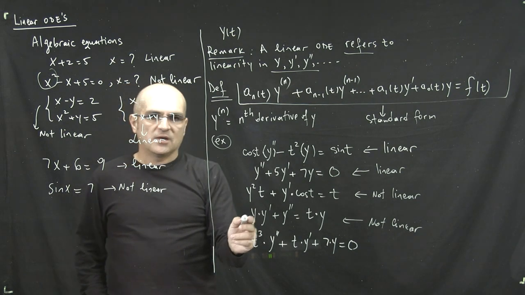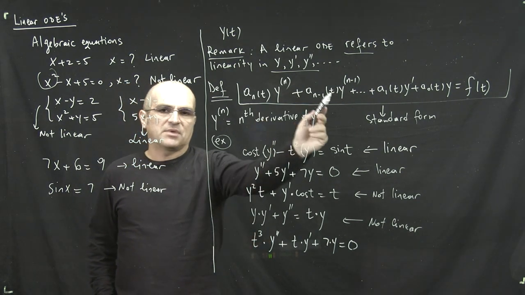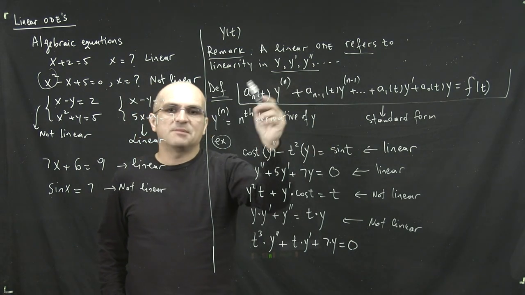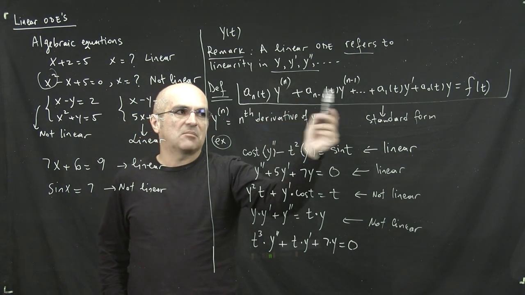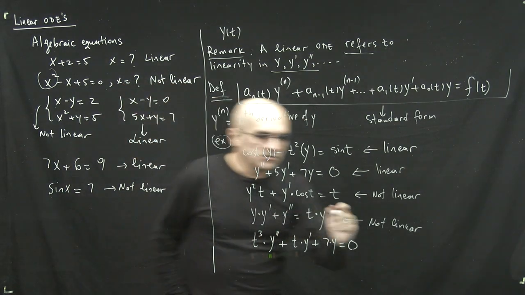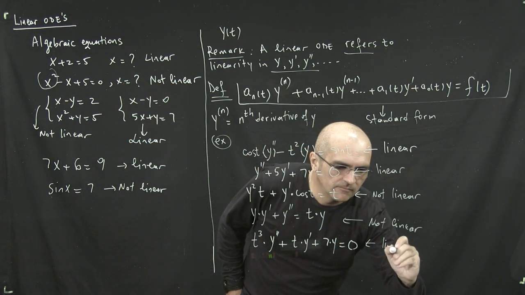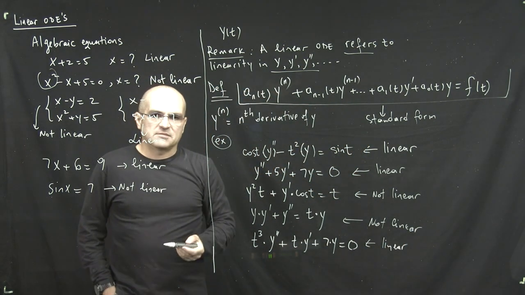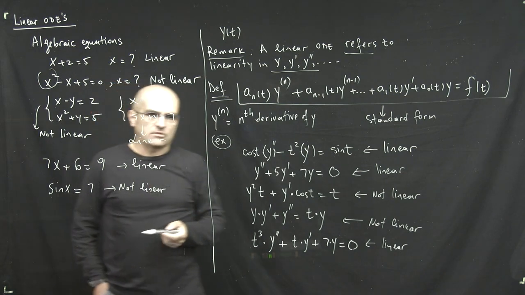So the y and y prime do not appear in a linear combination. They have to be by themselves in these summations, maybe times a function of t, but not together multiplied in a single term. Finally, the last one is also linear, right? These guys come up in linear combinations by themselves, so they match the definition of a linear ODE.